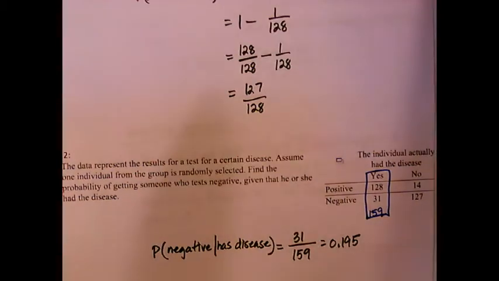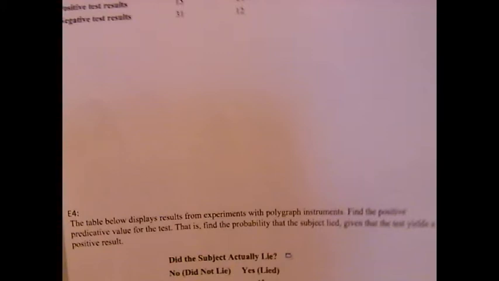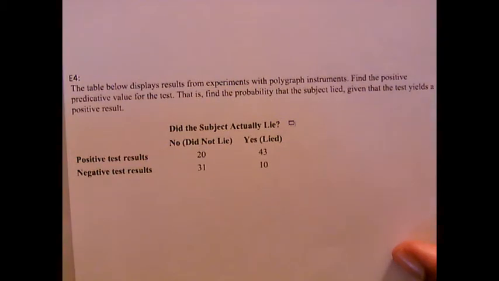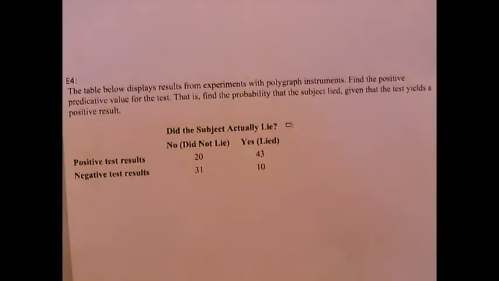Okay? All right, another example of that would be this. Here the table below shows the results from experiments with polygraph instruments. Find the positive predictive value for the test. The positive predictive value for the test.